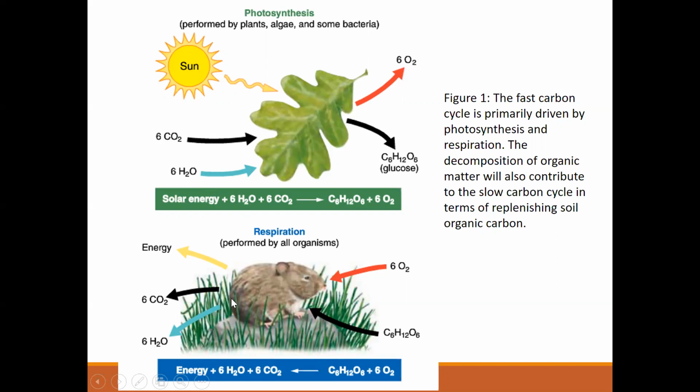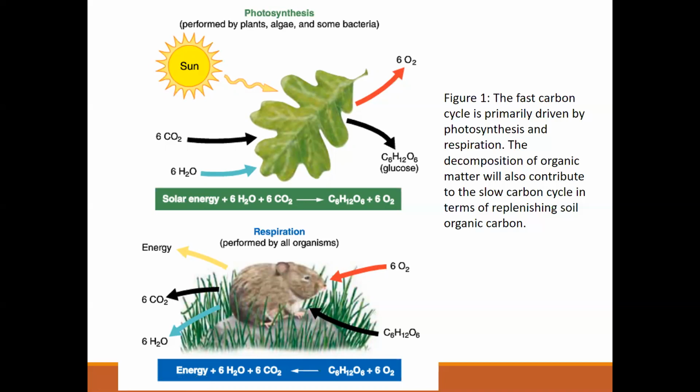And then the animals will consume these sugars, so they'll take in the glucose and oxygen, and they give off carbon dioxide and water, and in the process they create energy that they use to drive their life functions.